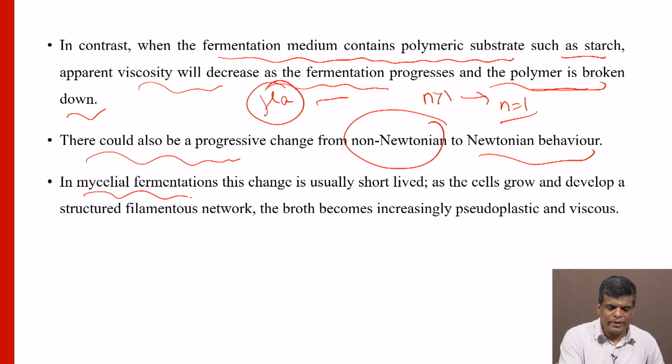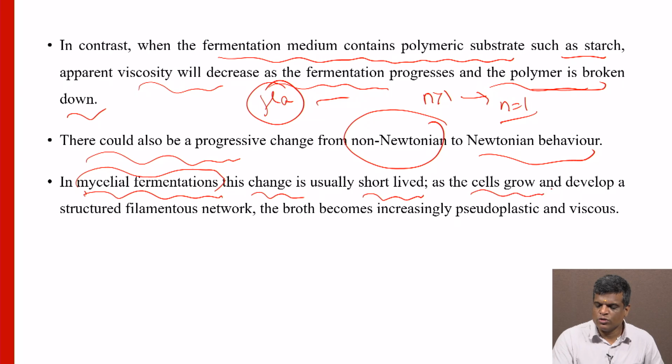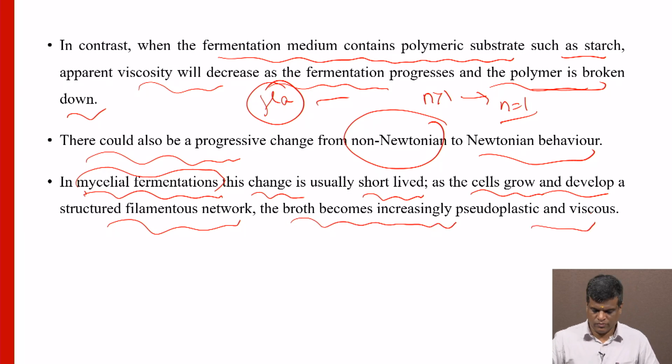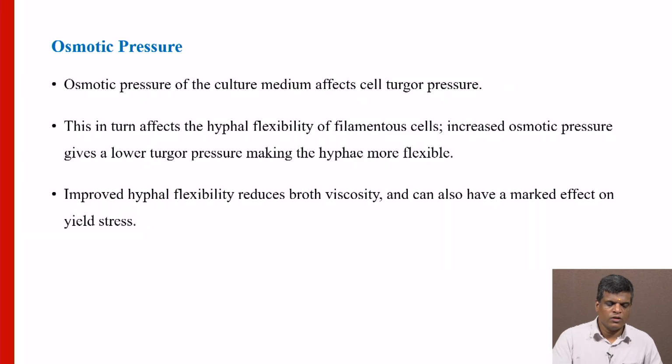In mycelial fermentation, the changes usually start early: the cell grows and develops a structured filamentous network, and the broth becomes increasingly pseudoplastic and viscous.